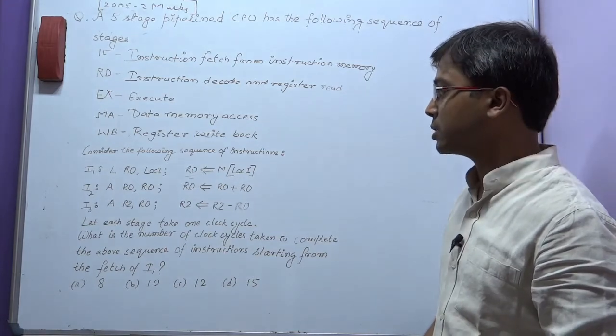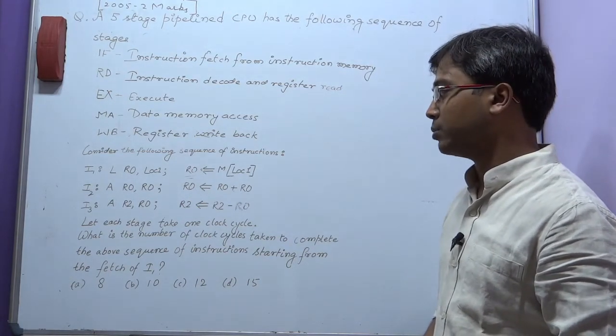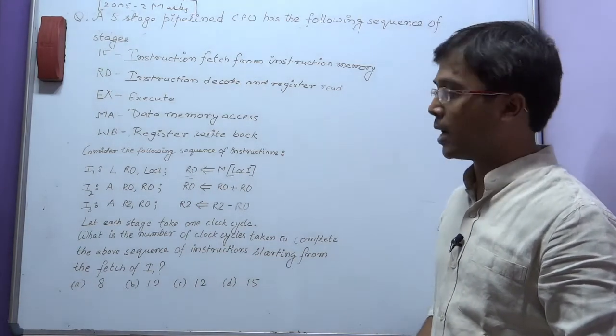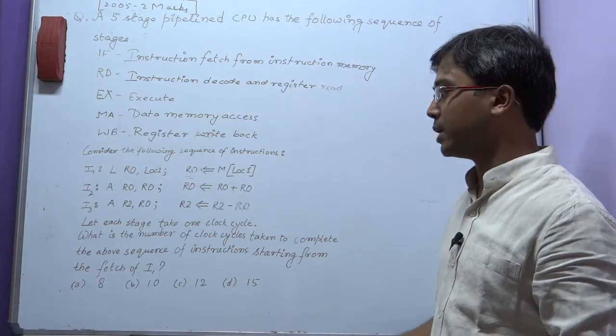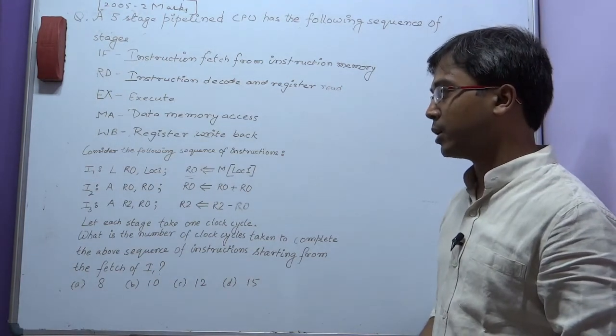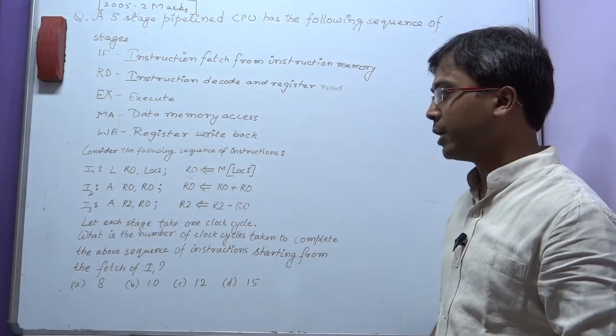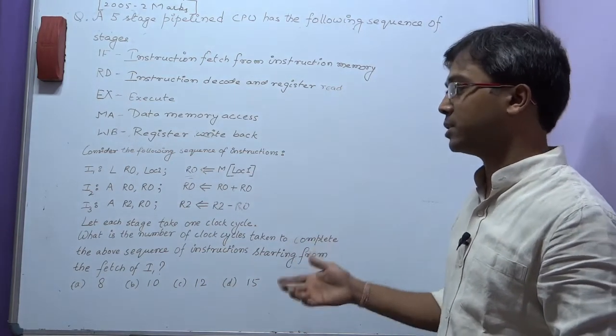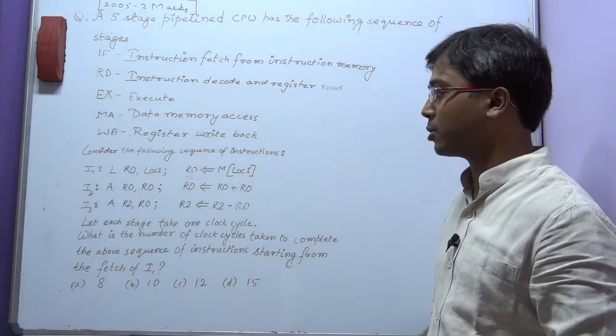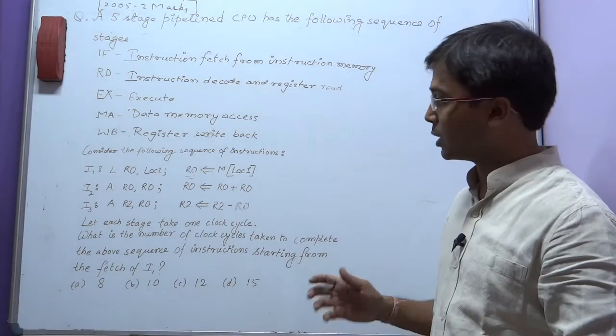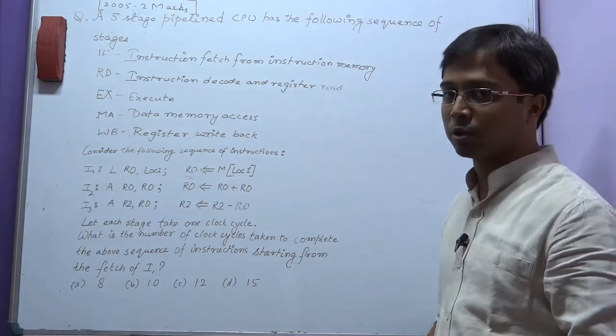Right? So because of this data dependency, data hazard might occur, and to resolve that or to lessen the number of stalls, we can use operand forwarding. So we are going for operand forwarding to solve this question, and the examiner is also looking for the solution considering operand forwarding.